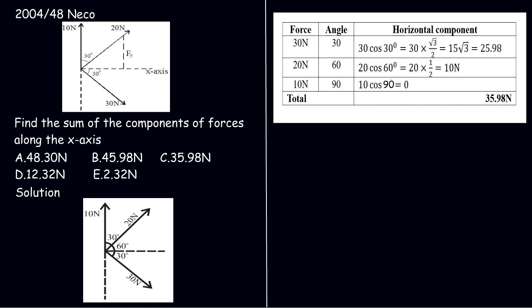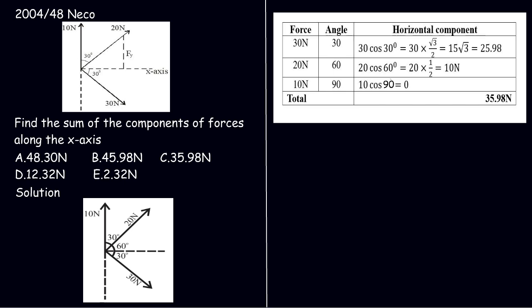For our first force, the 30 Newton, the angle is 30, and the horizontal component will be 30 cos 30, which is equal to 30 times root 3 over 2, which is equal to 15 root 3, which is equal to 25.98. For our 20 Newton force with an angle of 60 to the horizontal, it becomes 20 cos 60, which is equal to 20 times 1 over 2, which is equal to 10 Newton.